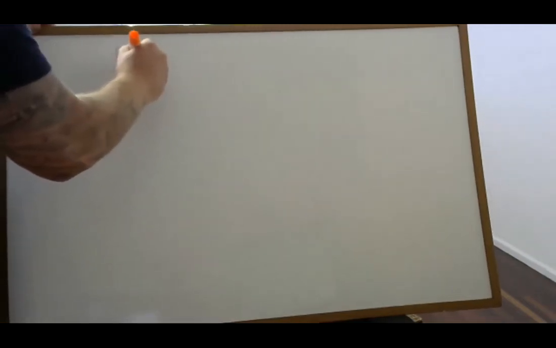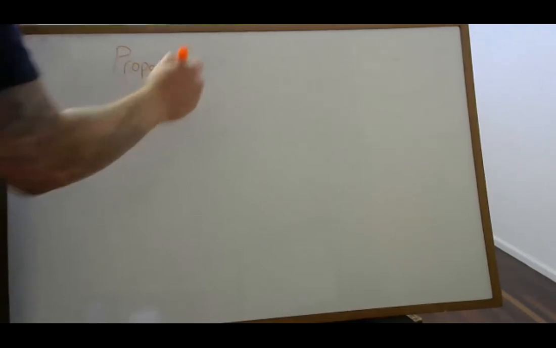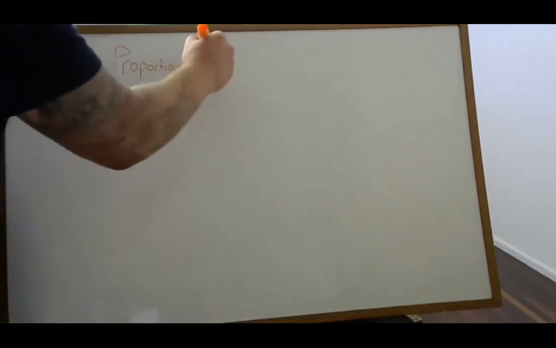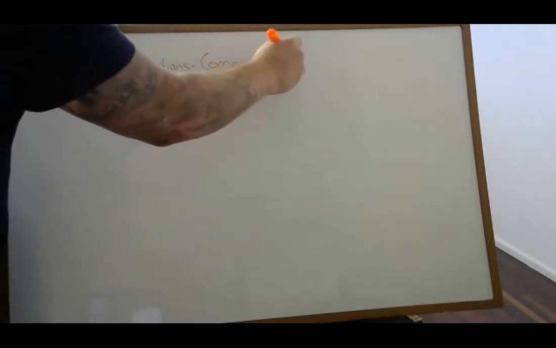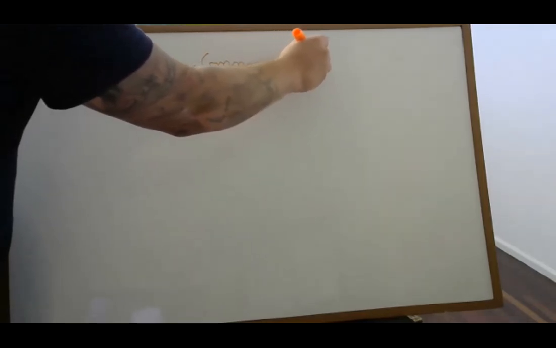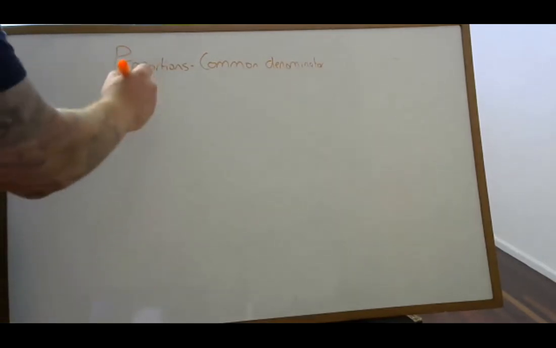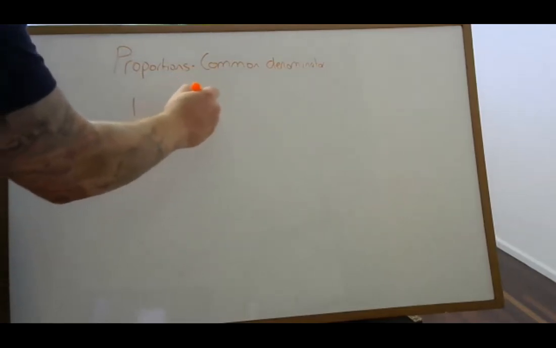So we're talking about proportions, we're talking about ratios. We need to be able to divide them by a common denominator. So we have 1/2 and 7/40.